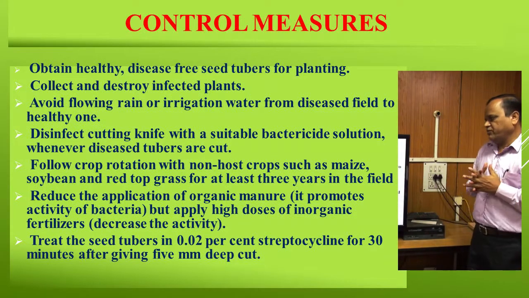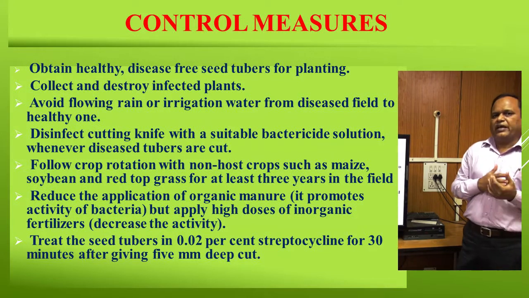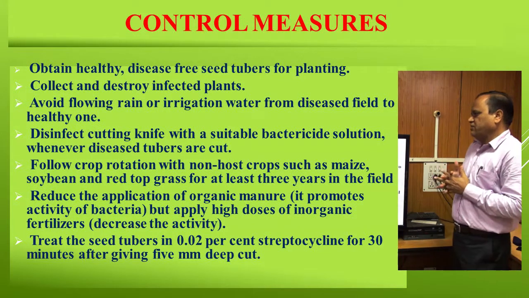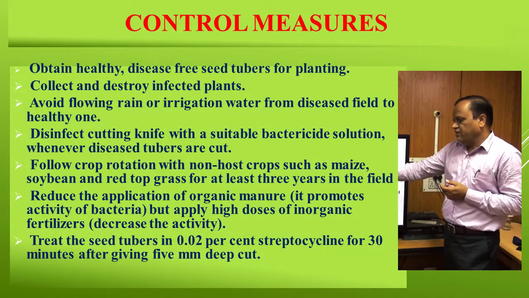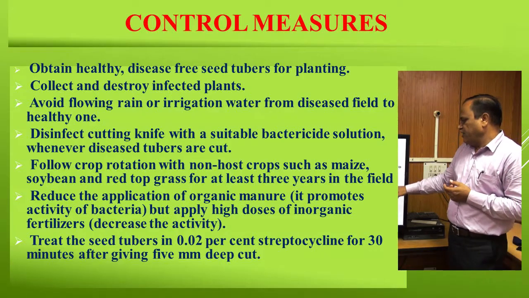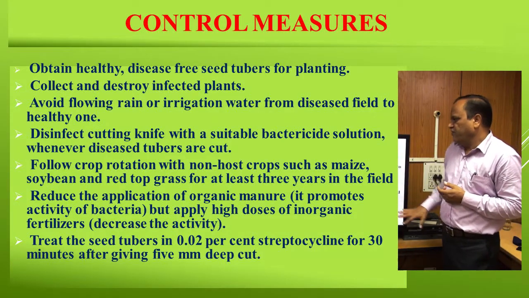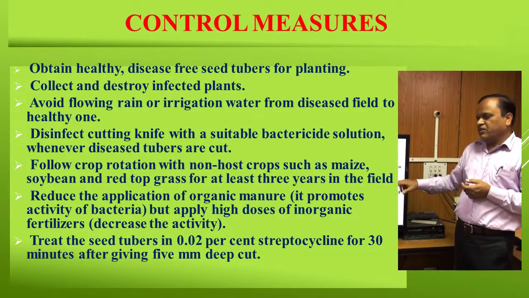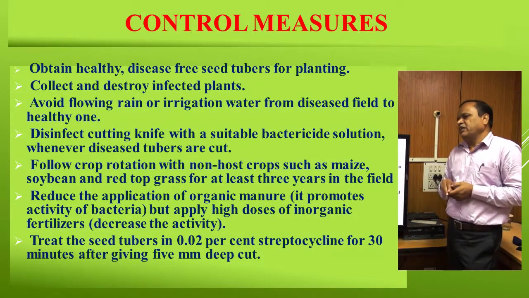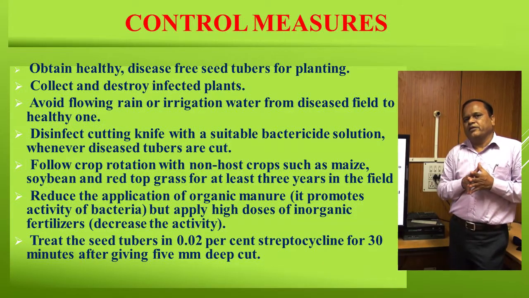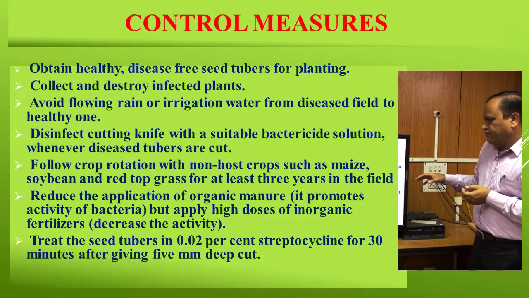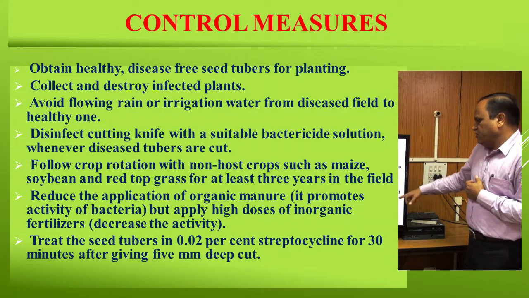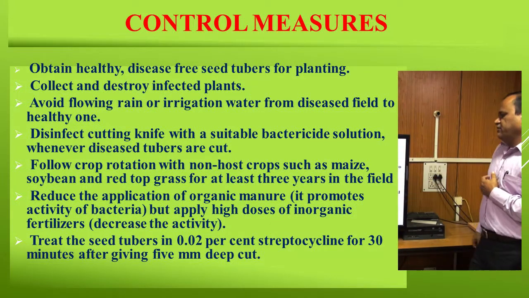Follow crop rotation. This is a very good agronomical cultural practice. Follow crop rotation with non-host crops such as maize, soybean, red top grass for at least 3 years in the field. Reduce the application of organic manure. So here you have to reduce the application of organic manure, but apply a high dose of inorganic fertilizer, that will decrease the activity of bacteria.